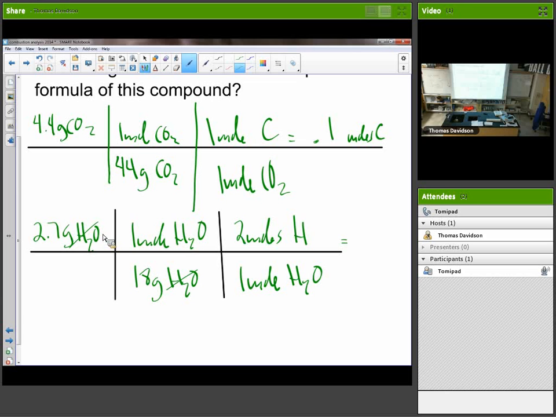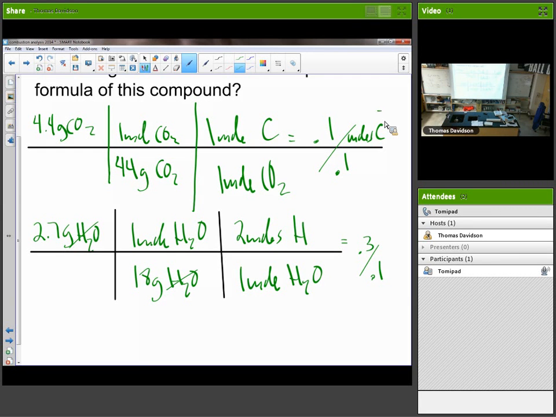2.7, so 5.4 divided by 18, I don't know, 0.4. What is it? 0.3. Now, one of those is a smaller number than the other, so this one's the smallest one, right? 0.1.